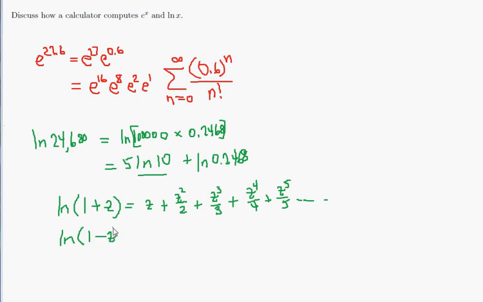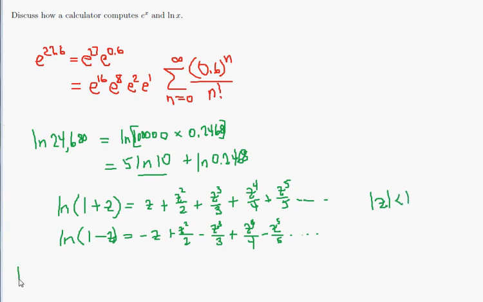If I take the natural log of 1 minus z, if I replace z by negative z, then I would have negative z, then plus z squared over 2, then minus z to the third over 3, then plus z to the fourth over 4, and the signs alternate, finally minus z to the fifth over 5. And both of these series are correct if the absolute value of z is less than 1.